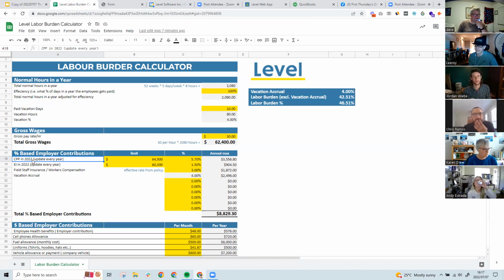We like to make sure, but with that comes more administrative headache in many ways. If you're unsure what to put in here, just look at your employee's pay slip and ask what employer contributions you're making. If you've got good payroll software or a good accountant helping you with payroll, they'll be able to tell you that information.